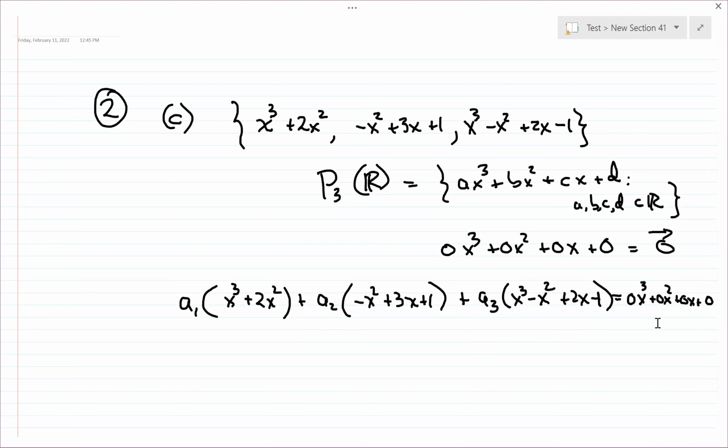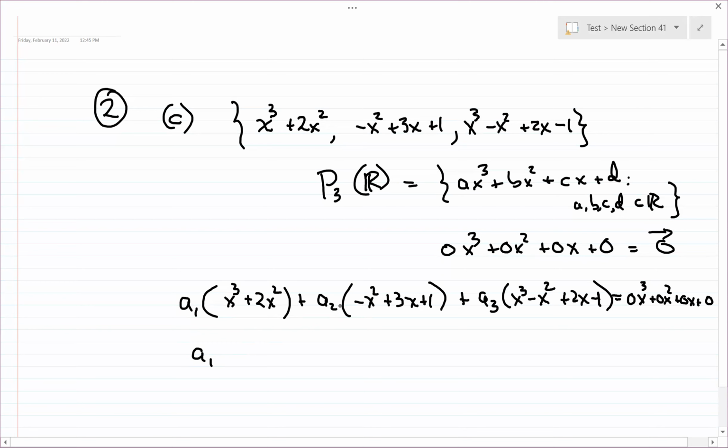Let me see. I might be able to do this. Well, okay, let me not. I was trying to do it more quickly, but let me do it in the standard manner. The standard manner would be to look at the components on both sides and get equations. So the component of x to the third here is a1.